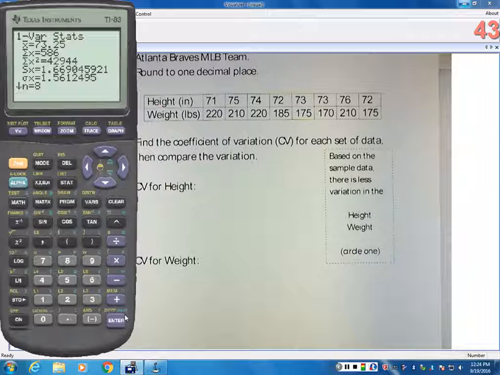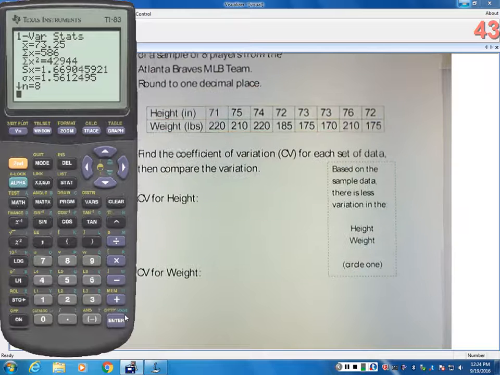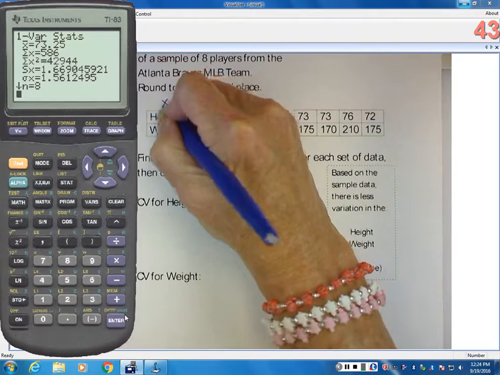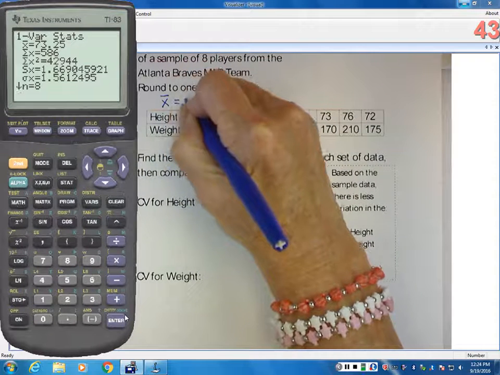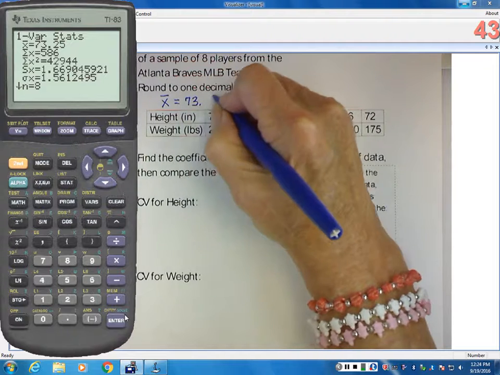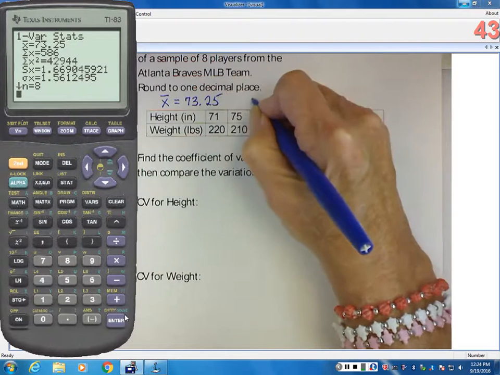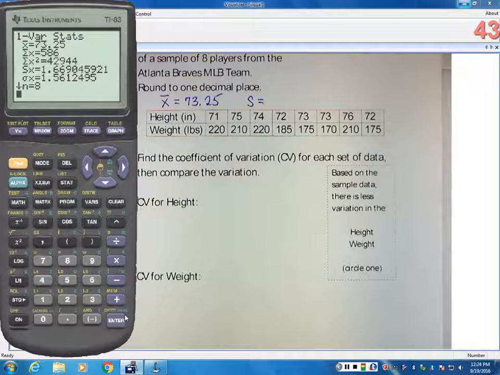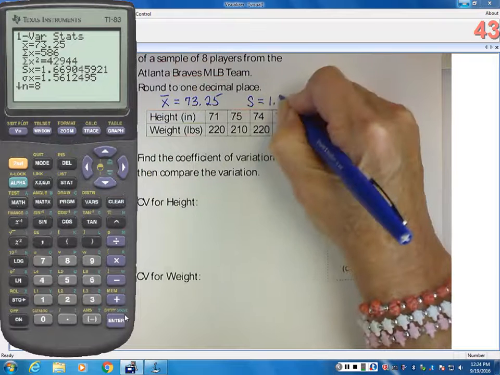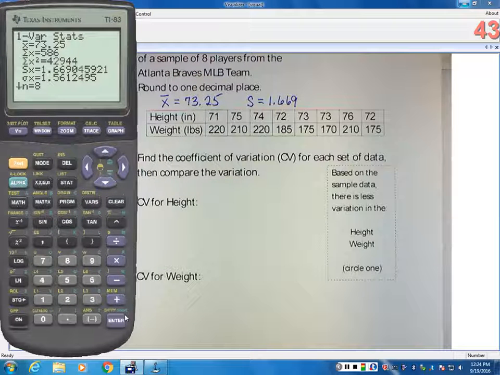And since this is a sample, its x-bar is 73.25. And s is 1.669. You could round the height off to 73.3 and the standard deviation to 1.67 if you wanted to.